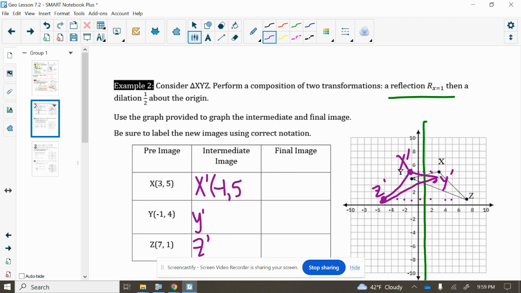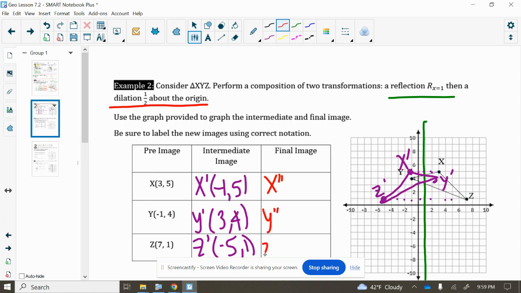So here, again, is our intermediate image of X prime, Y prime, Z prime. X is at negative 1, 5. Y is at 3, 4. Z is at negative 5, 1. Now our second transformation is a dilation of 1/2. So again, we're going to take those intermediate image points and we are going to this time multiply each of those by 1/2 so that we end up getting each of these values.